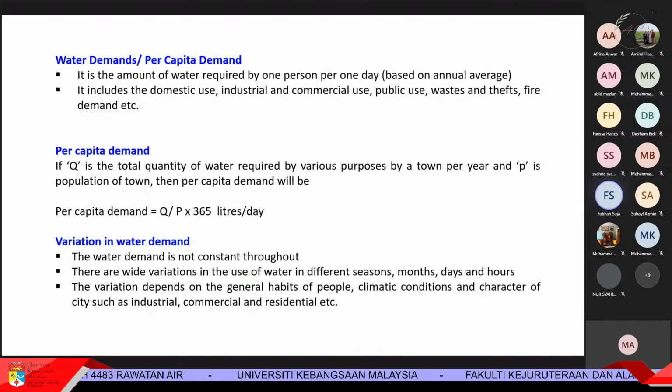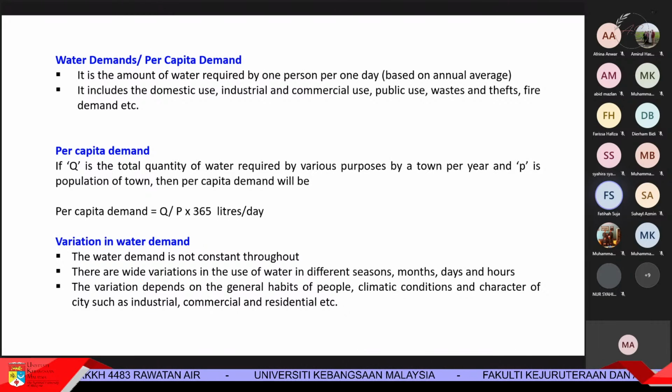That is maybe around 100-something bottles of 1.5 liter drinking water. It's the water that you need for your own use per day.